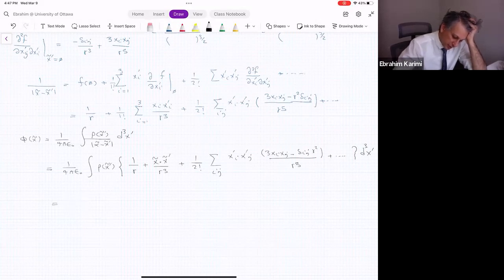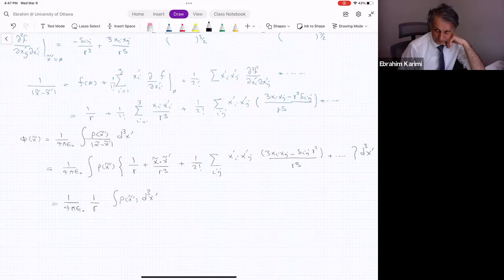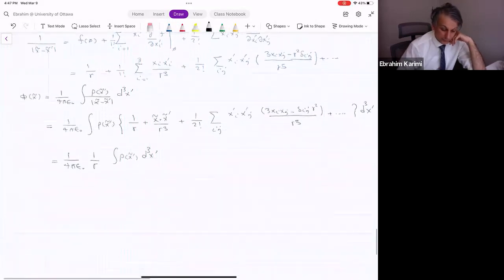It will be 1 divided by 4 pi epsilon 0. Then I have 1 divided by r, integral of rho of x prime d3 x prime. That's the first term, right?